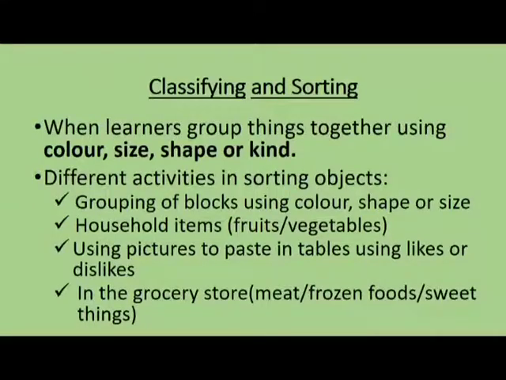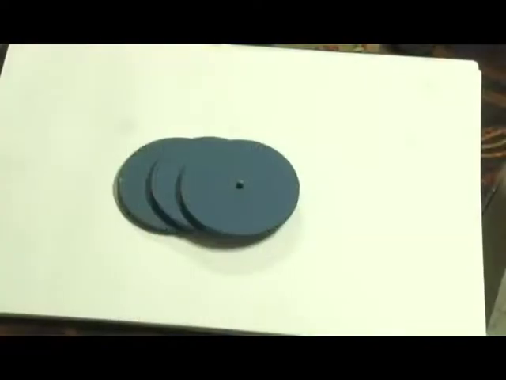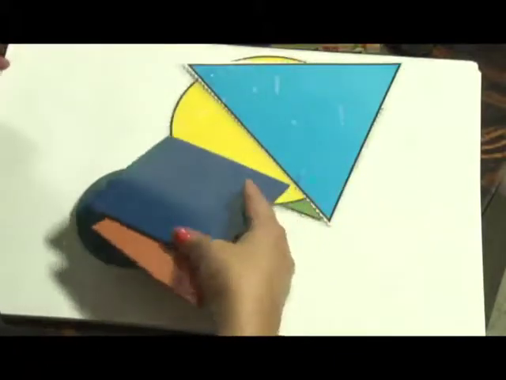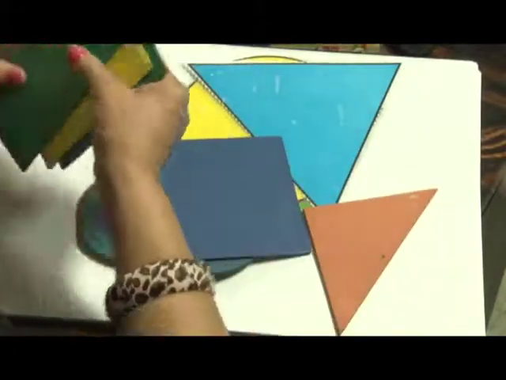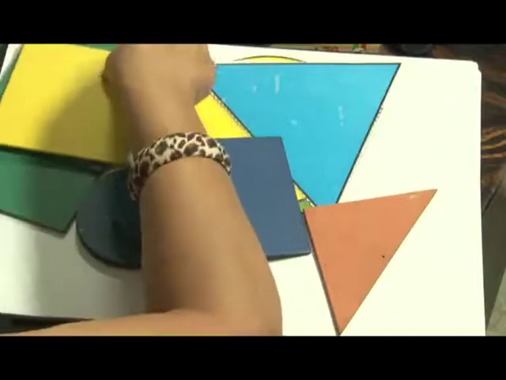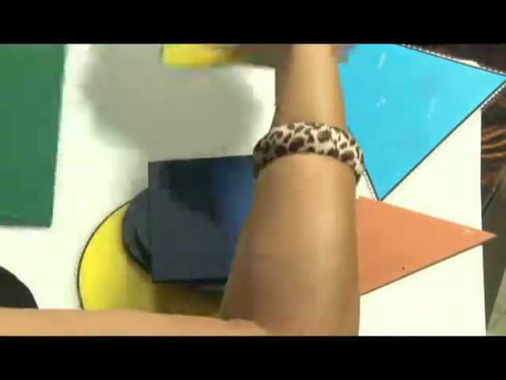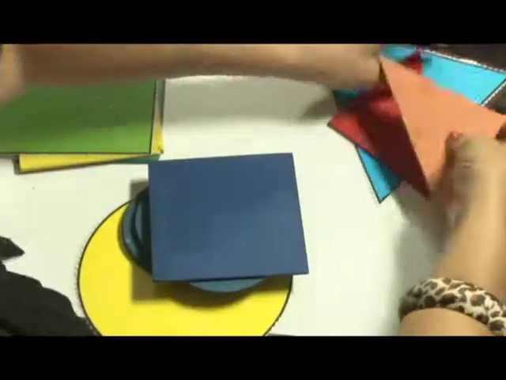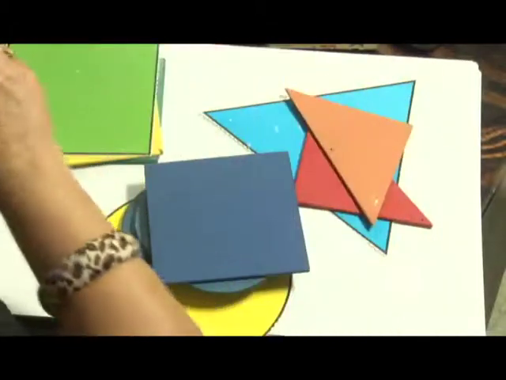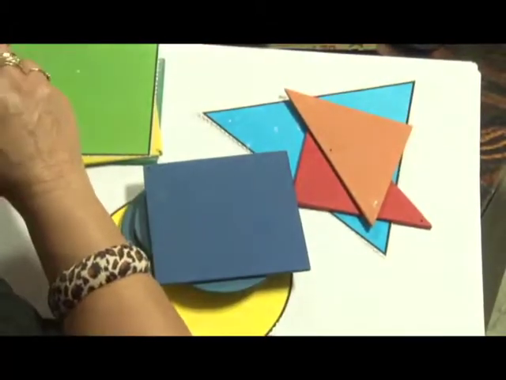Now what are the activities that we can do? We take blocks using color, the same things that we've done earlier. We take color, all the ones that have the same color, regardless of the shape, they belong together. So we have grouped according to color.